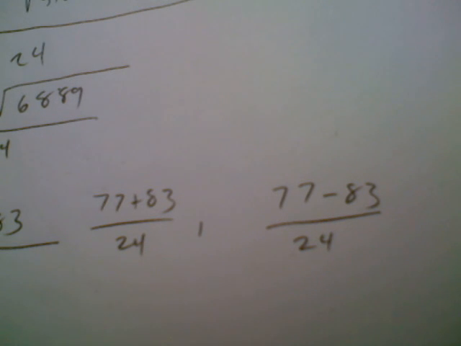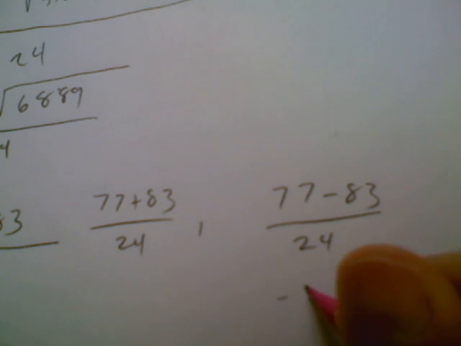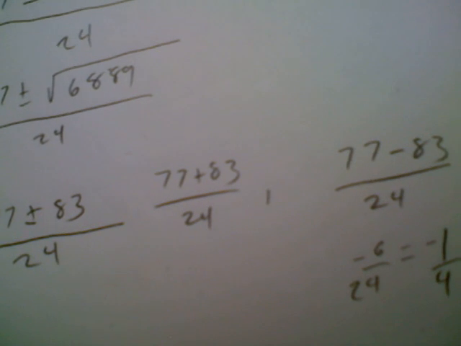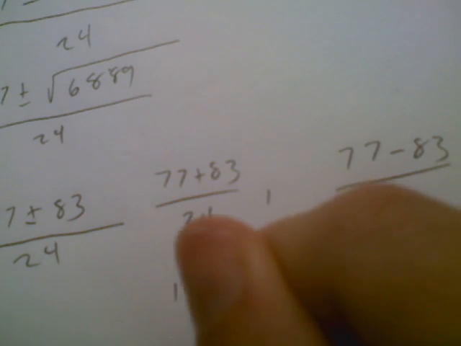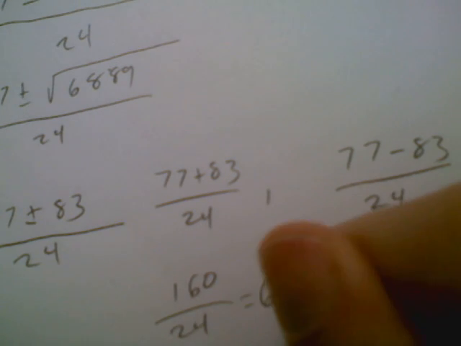Okay, so this one's the easy one because this would be negative 6/24, which is the same thing as negative 1/4. So that's one answer. And the other answer is 160 divided by 24, which is 6 2/3.